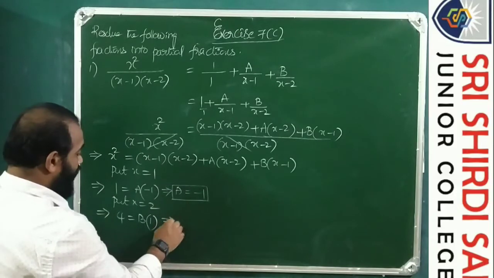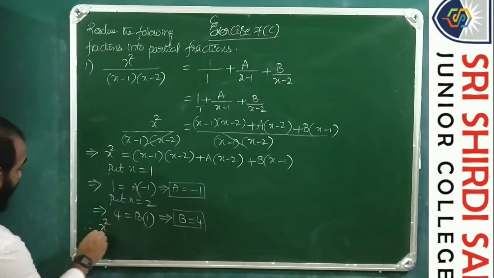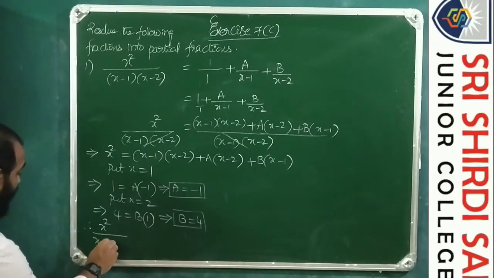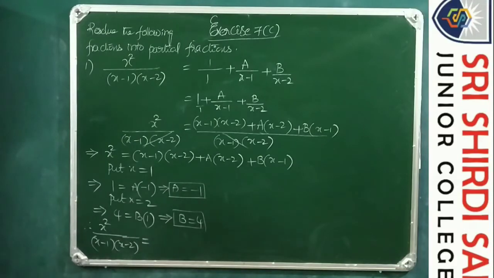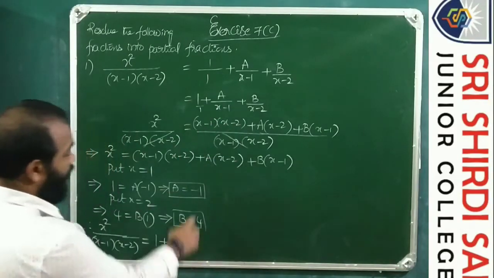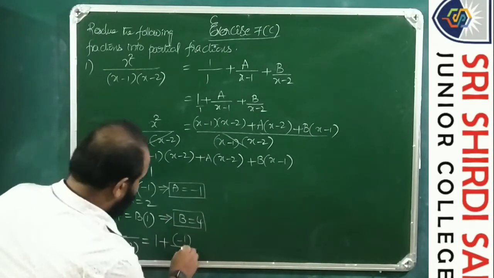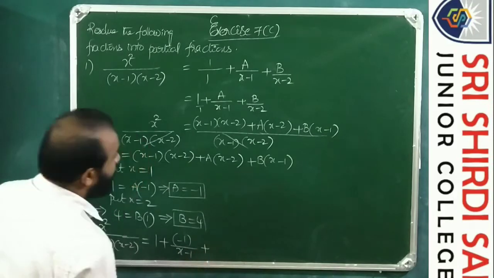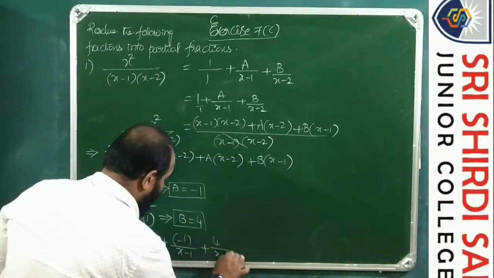So from this B is equal to 4. So x square by x minus 1 into x minus 2 is equal to 1 plus, the value of A is minus 1, so this is minus 1 by x minus 1 plus the B value, which is 4 by x minus 2.